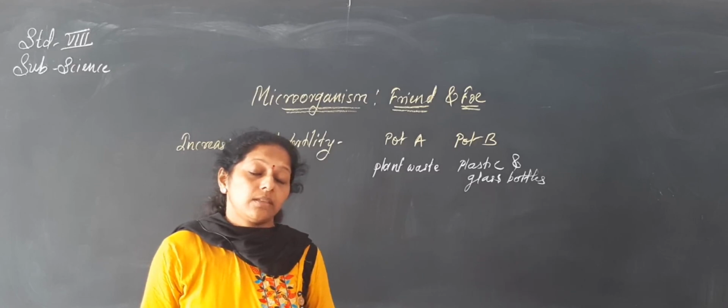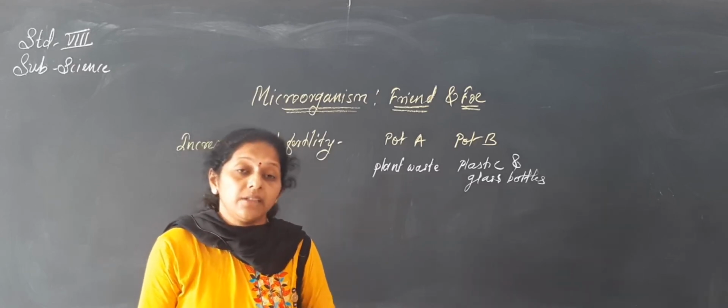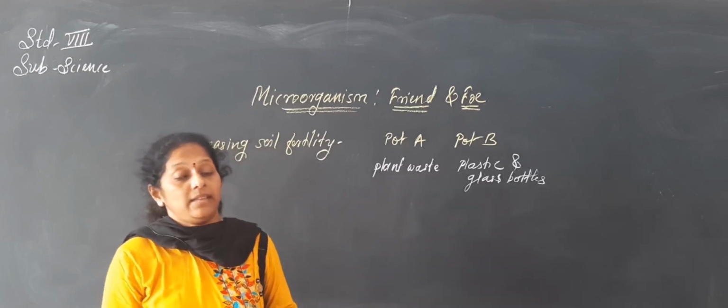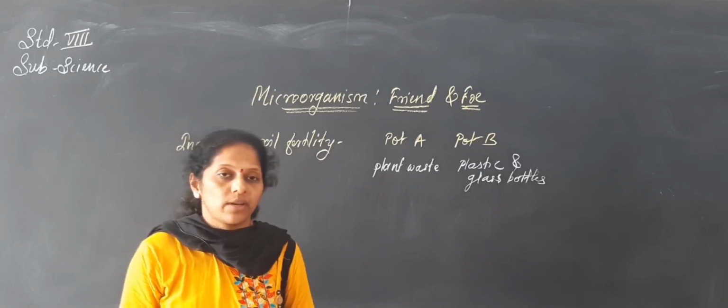But after 3 to 4 days you observe that it disappears: plant branches, leaves, stalks, and the dead bodies of animals like rats and bandicoots. How do they disappear? It means this organic matter is decomposed by the action of microorganisms.